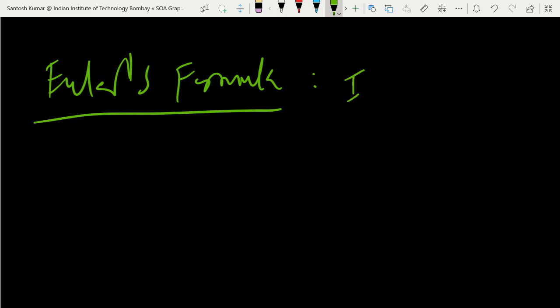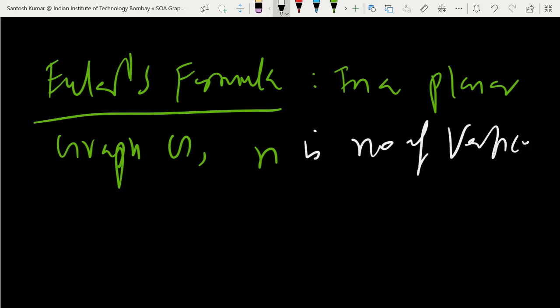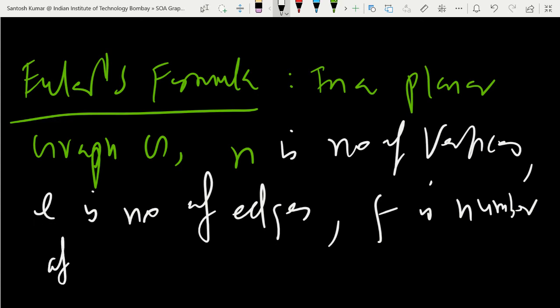In a planar graph G, n is the number of vertices, small e is the number of edges, and f is the number of faces.